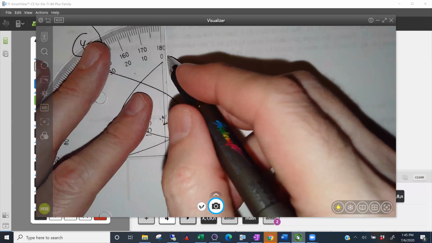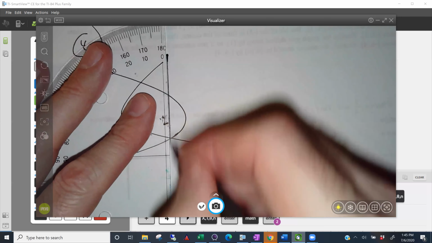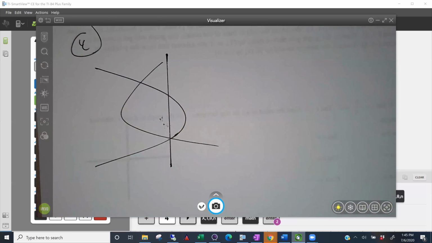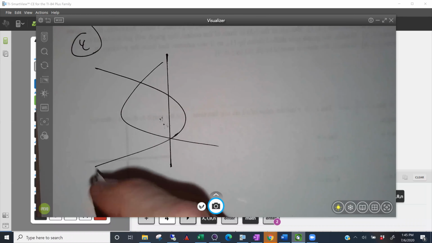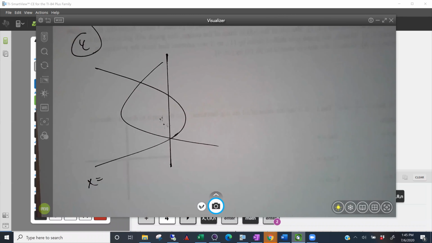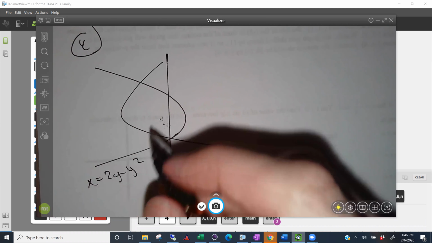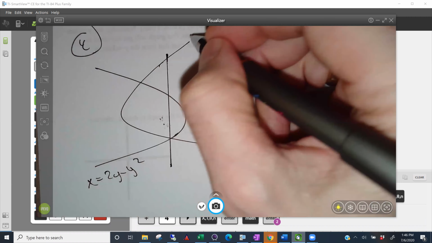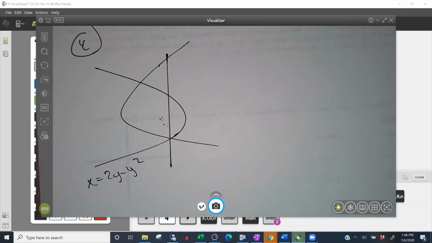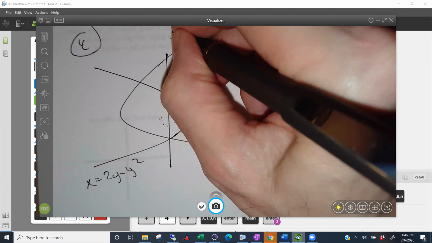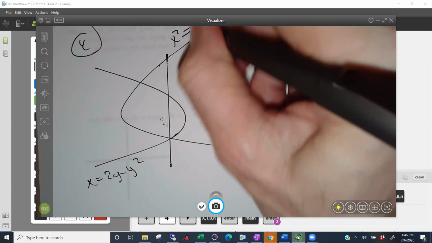And we'll draw our little y-axis here. This is x equals 2y minus y squared. And this one up here is x equals y squared minus 4y.